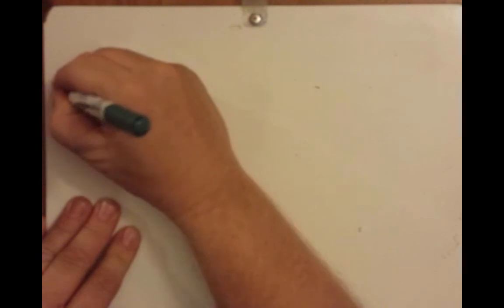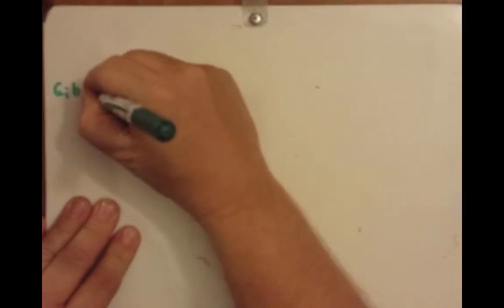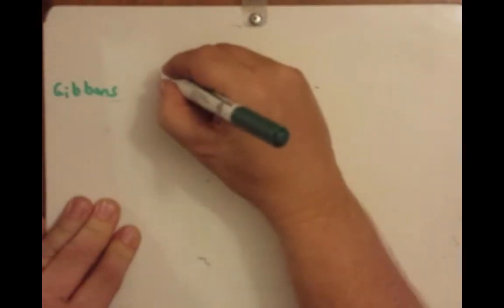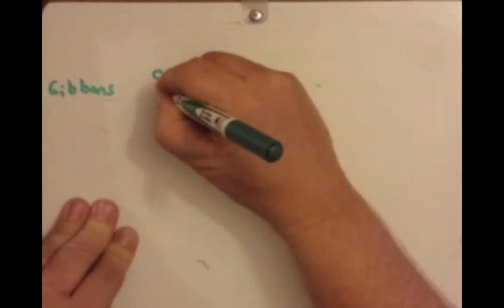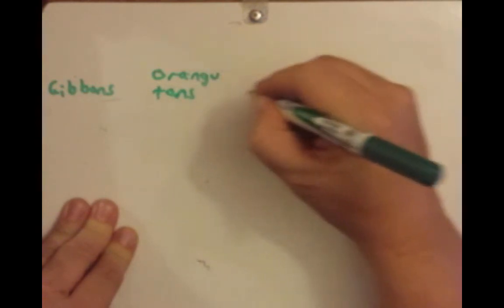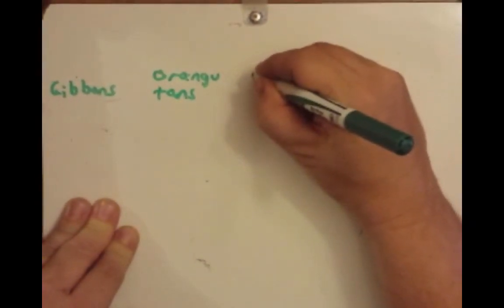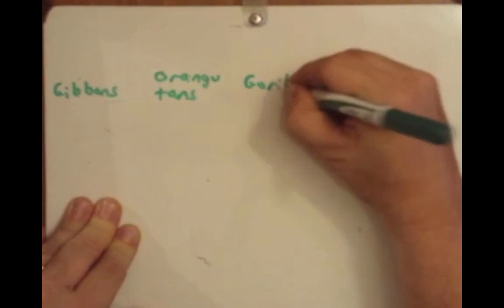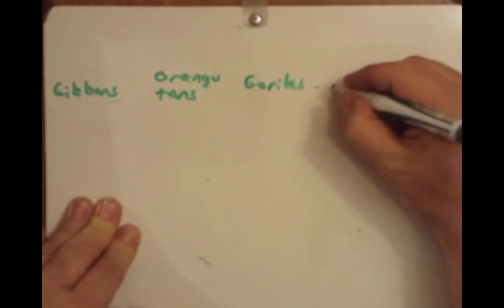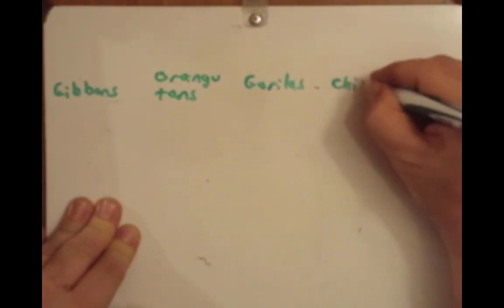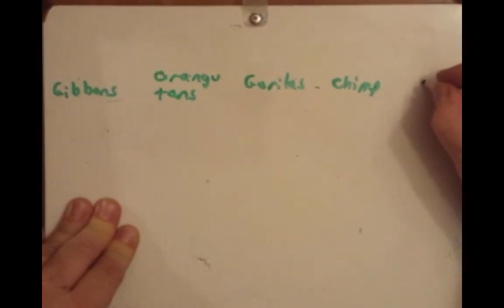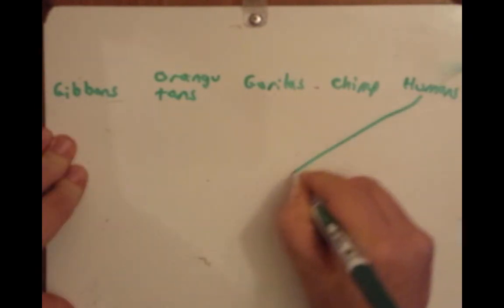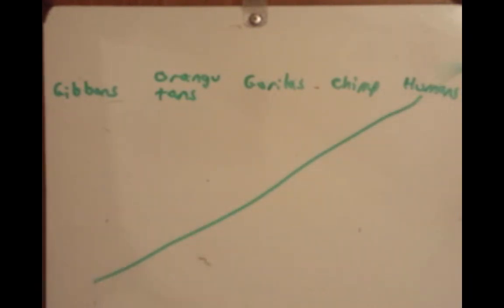We have the gibbons, we have the orangutans, we have the gorillas, we have the chimpanzees, and for space I'm just going to write chimps, and then we have humans. And we're going to draw the tree like so.